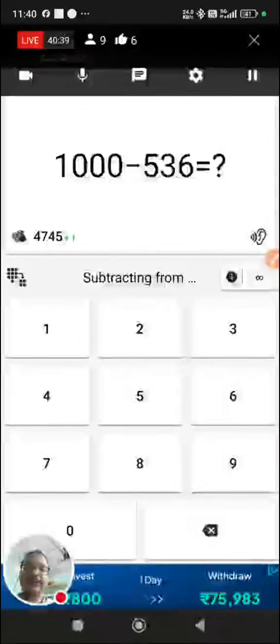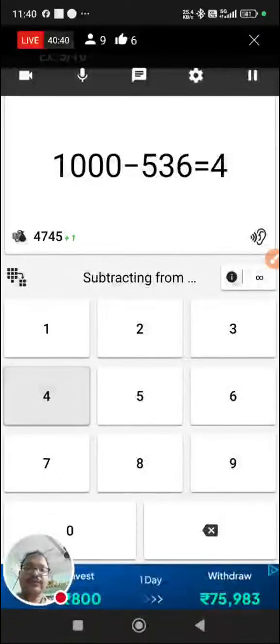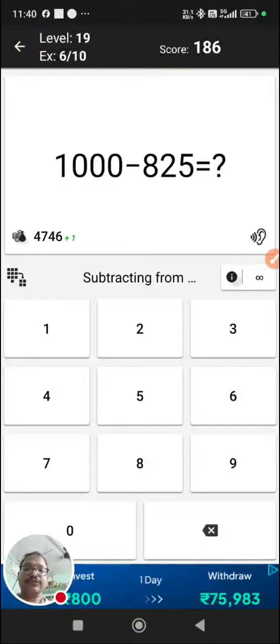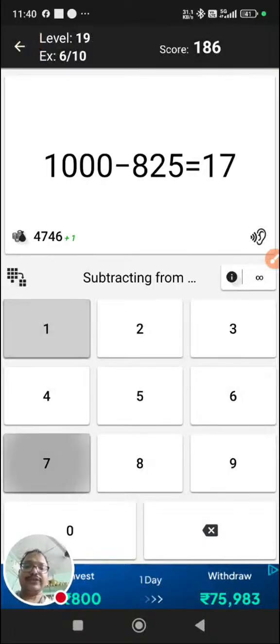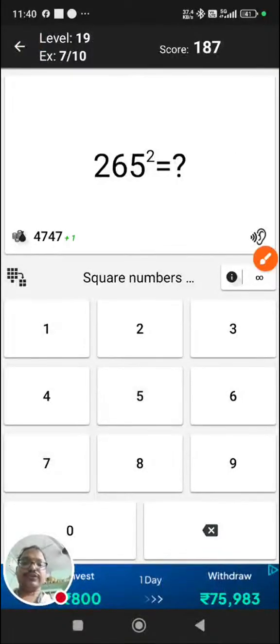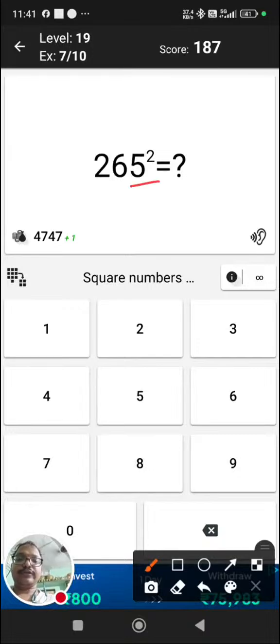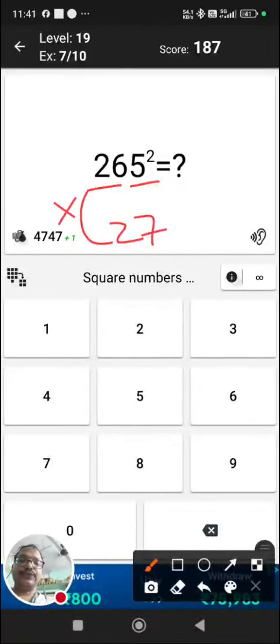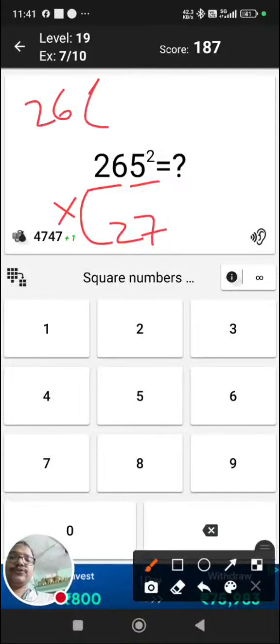Here we see 5 at the end. So what we do is the next number of 26, which will be 27. First we need to multiply these two, 26 into 27. We can write this as 26 into 26 minus 26 plus 1.